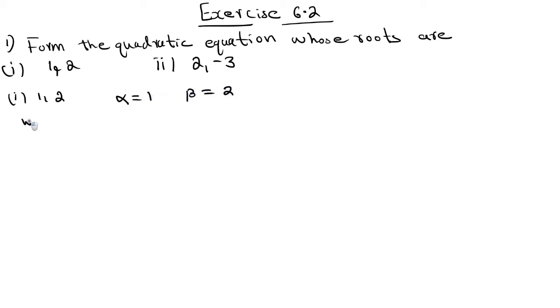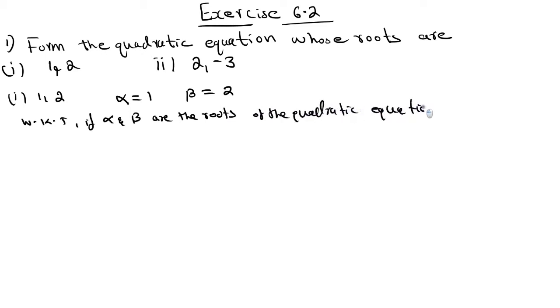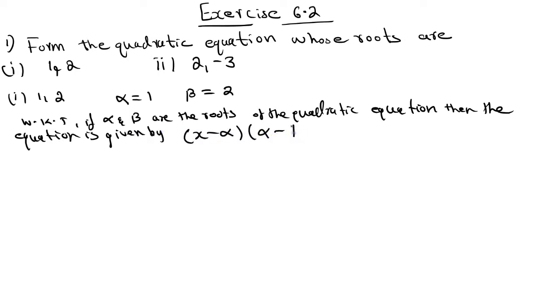Beta, that is the second root, is equal to 2. Then we know that if alpha and beta are the roots of the quadratic equation, then the equation is given by x minus alpha into x minus beta is equal to 0.